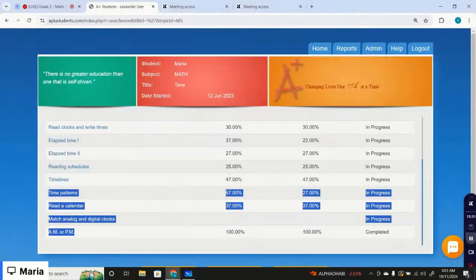Okay, here I'm on the grade 3 math. The chapter we are on right now is time. Let's just start with the lesson that is time patterns.